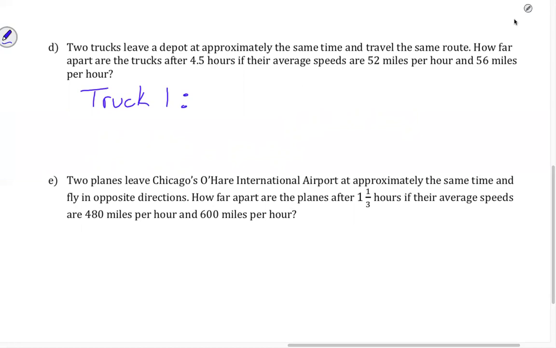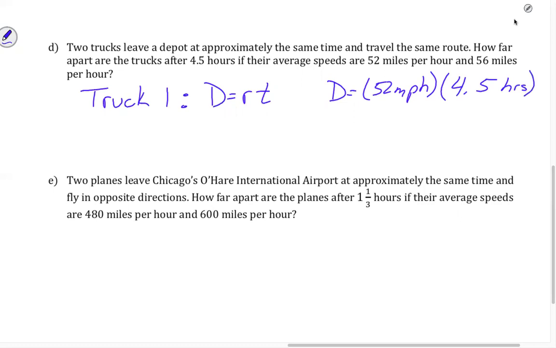Truck one, all right, we have distance equals rate times time. And we're going to find the distance from the depot. And this will make sense at the end. So the distance is the rate, which was 52 miles per hour times 4.5 hours.